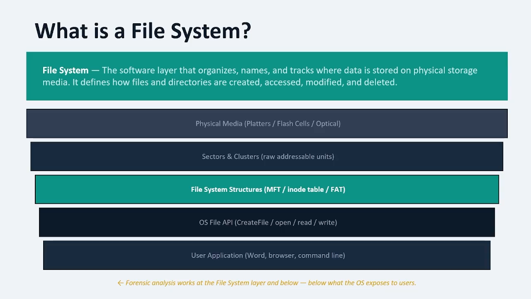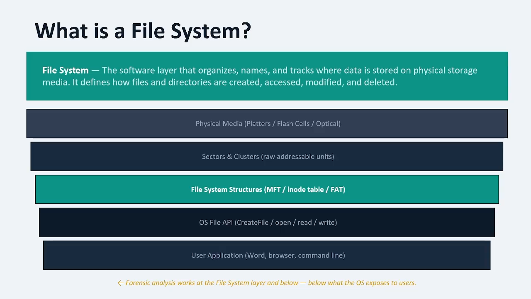The MFT is used by NTFS. The FAT table is used by FAT32 and other similar ones. But the structure for that is kind of a database or a listing of where each file begins and metadata for the file and other pieces of information which goes along with that.